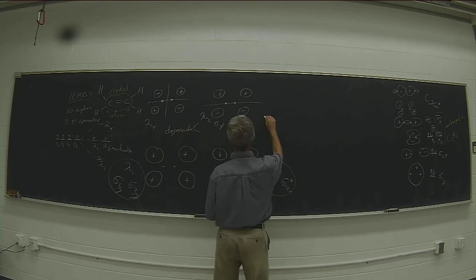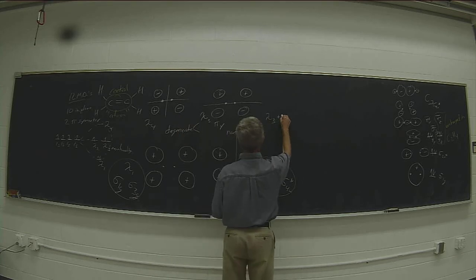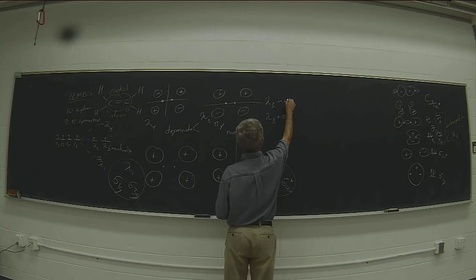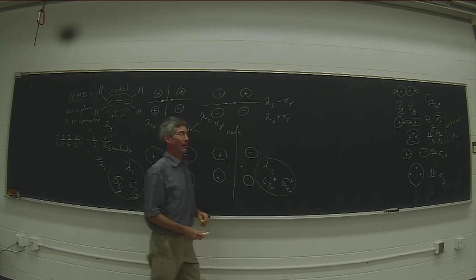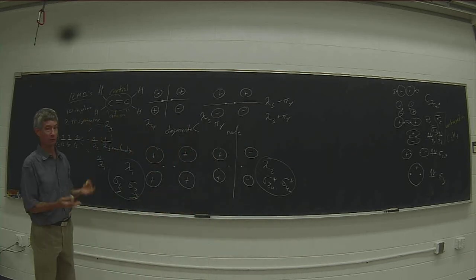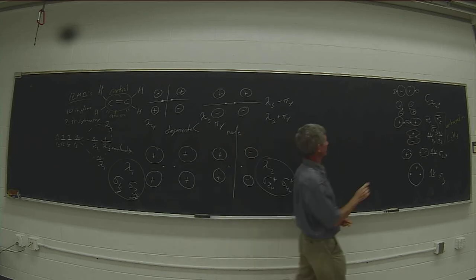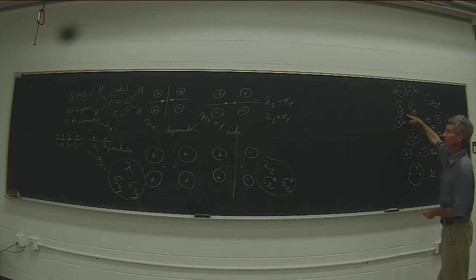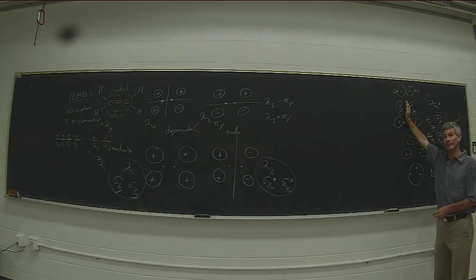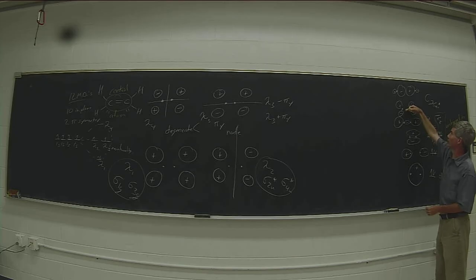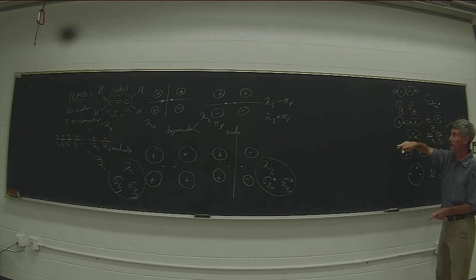So we will create an orbital that's lambda 3 plus pi y, and we will create an orbital that's lambda 3 minus pi y, and there are only 2 orbitals with that symmetry, which will make it easier to do. Lambda 4 has the same symmetry as pi star y. It's ungerade with respect to both reflection through the vertical yz plane and reflection through the horizontal xz plane. It's the only orbital that has that symmetry.